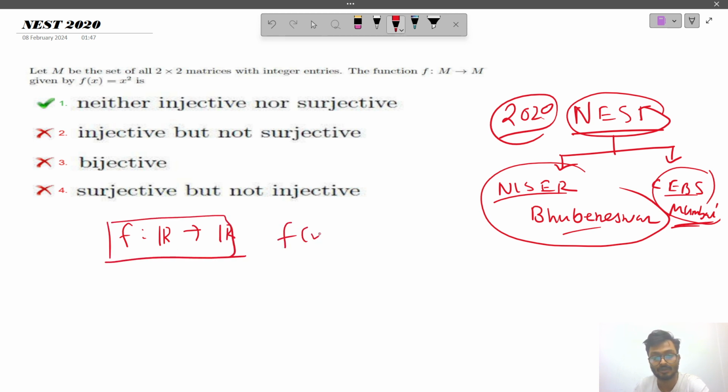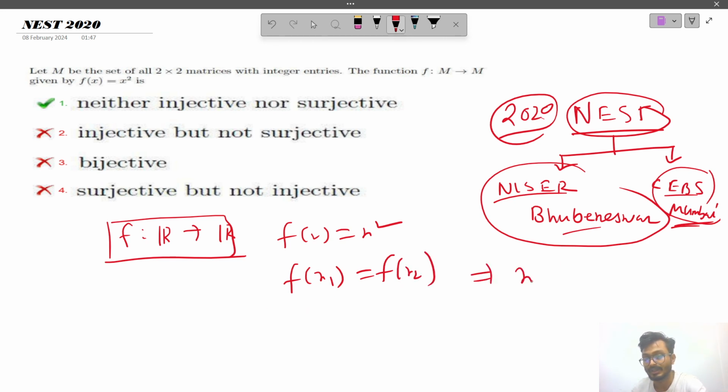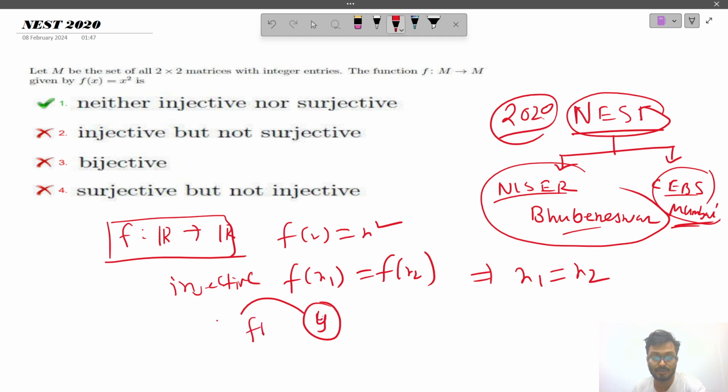If f of x1 equals f of x2, and we show that this implies x1 equals x2, then we say it is injective. And if we can find the pre-image of every y in the codomain, so for every y we find f of x equals y, then we say this is surjective.